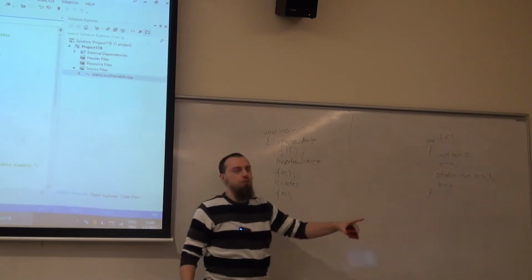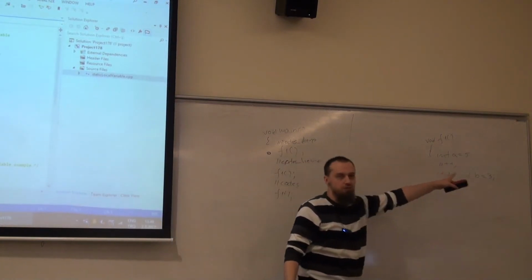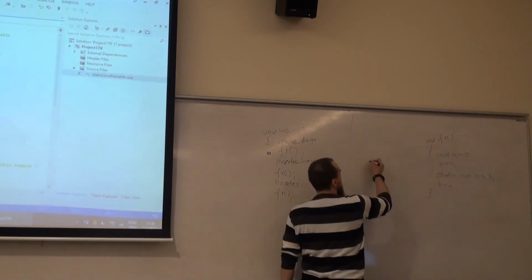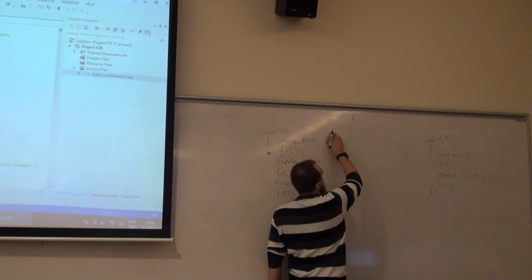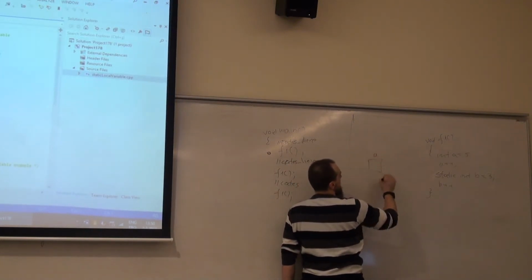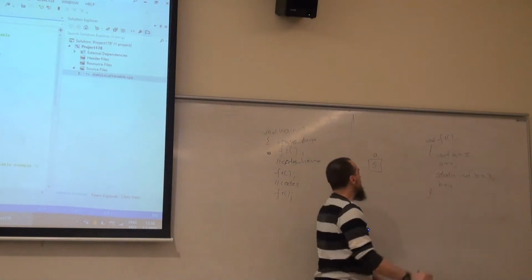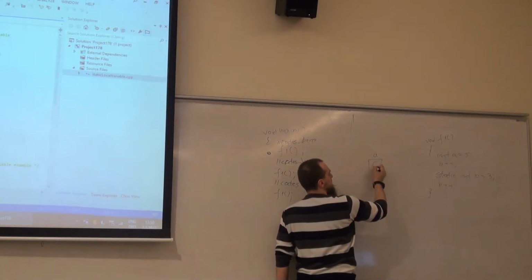When I call f1 for the first time, we have an ordinary integer. This is in main, this is in f1. In f1 I declare this a, and I put its value to be 5. Then I increment a, and a becomes 6.